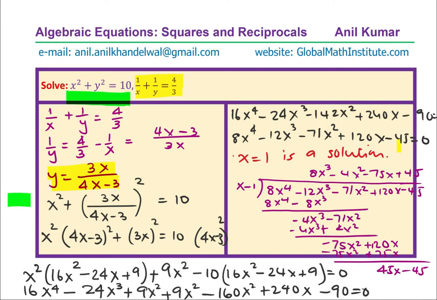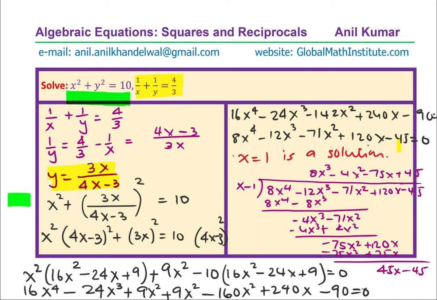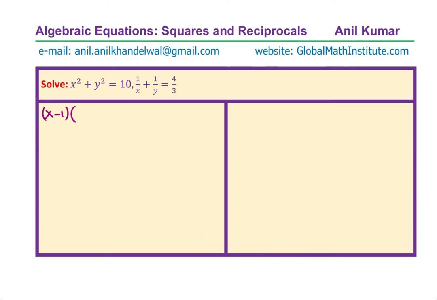So what we really get here is, since x minus 1 is a factor, we could write this as x minus 1 times what we got here, this term, 8x cubed minus 4x squared minus 75x plus 45, equals 0. So now we have to figure out how we get further factors.